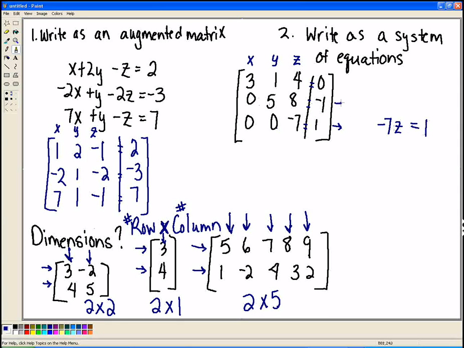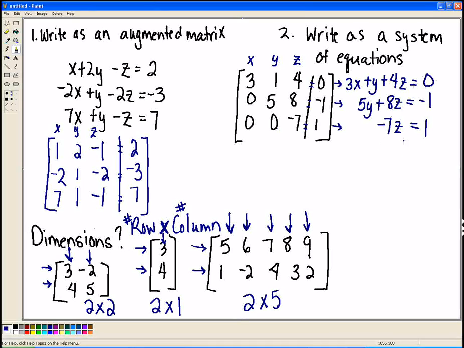From the second row, I would have 0x, so I'm not going to write that, plus 5y, so I'd have 5y, plus 8z, augmented, so I think equals, and then the right hand side, -1. And from this first row, I have 3x plus y, because it's 1y, plus 4z, and then equals 0.